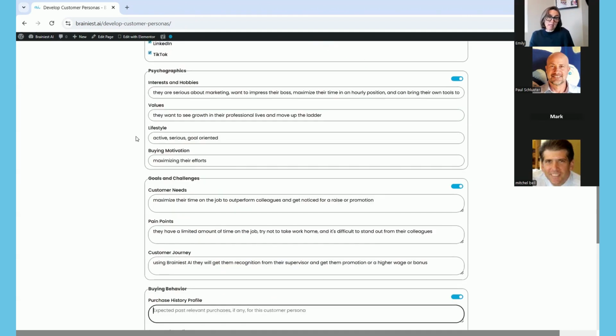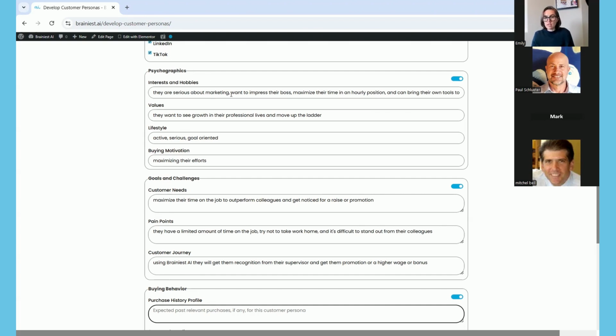Then we get into psychographics, interests and hobbies. So this is where, in our case, as you try to market Brainiest, sell a product like this, usually people's interests and hobbies aren't something that we care about a lot. So I've turned it a little bit so that it's more focused on their interests within their own career and their job.